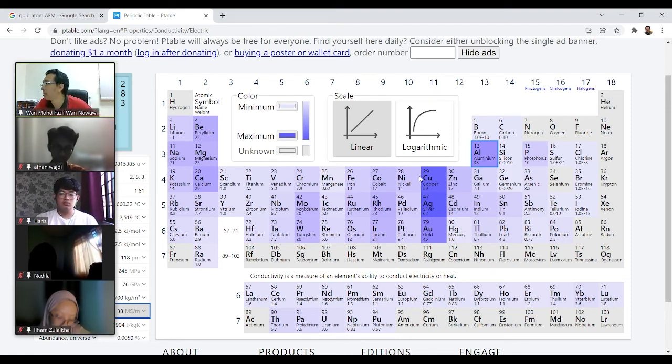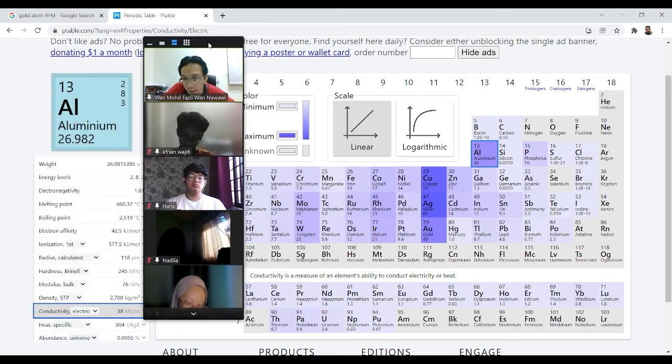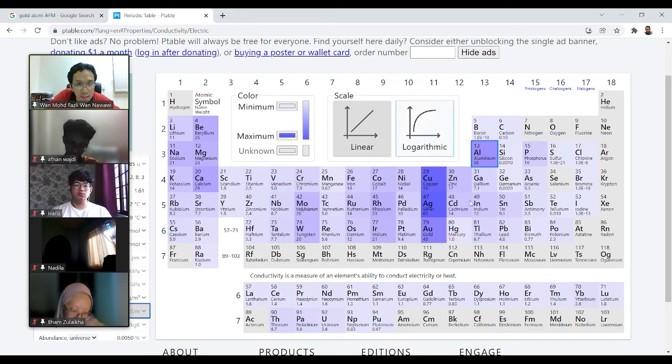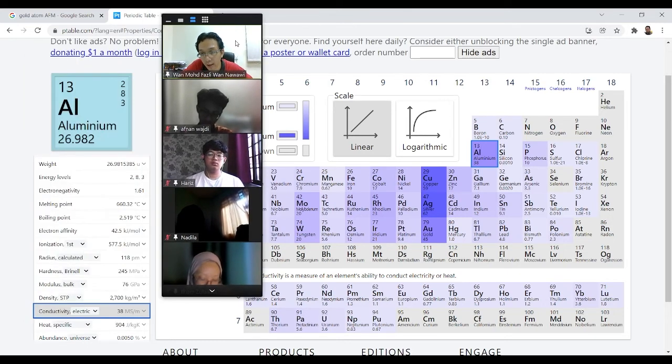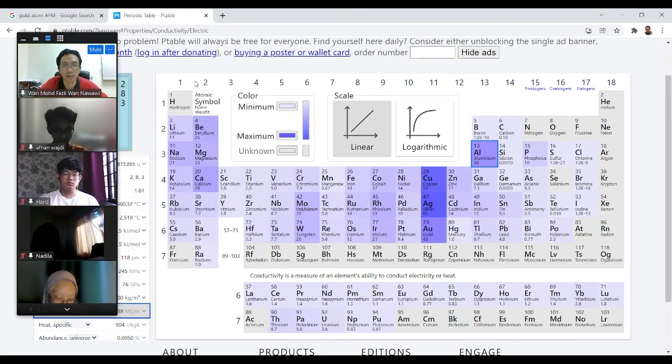There are numbers at the bottom, 59, 62, 45, meaning the higher the number, the better the conductivity. I click conductivity, and the unit is Siemens, whatever. You don't need to remember this, but just to show you, silver is the best conductor of all.